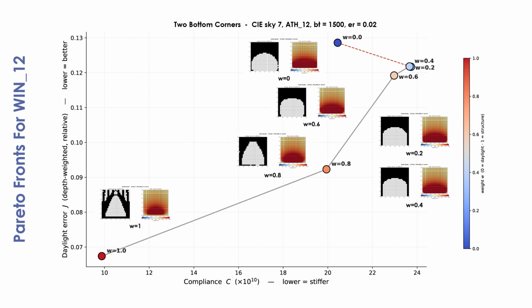To block intense glare, the daylight objective demands a heavily closed facade, but the structural solver is a priori forced to reach a 50% void target. These two physics enter direct opposition. The structure needs to remove material to satisfy the volume constraint, while daylight needs to retain material for shading, causing topological breakdown.